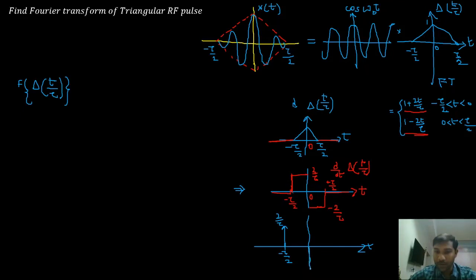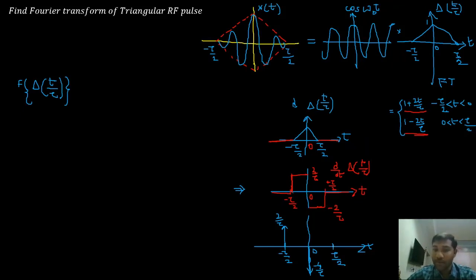So here I have an impulse which goes in the negative direction, minus 4 by tau. Why negative direction? Because my signal is changing from plus 2 by tau to minus 2 by tau. It is going down. So I have a negative impulse here. Again at t is equal to tau by 2, from minus 2 by tau to 0, my signal is increasing in the positive direction.